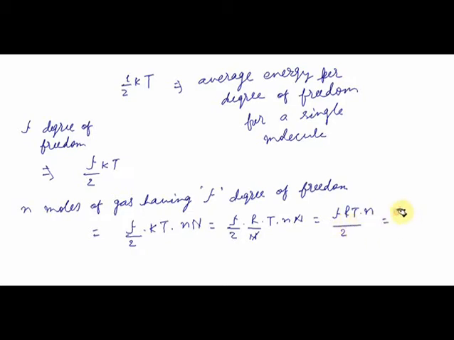Now we have already seen that f is nothing but 2 by gamma minus 1. So replacing f with 2 by gamma minus 1, we are left with nRT by 2. So after cancelling out 2, we get nRT by gamma minus 1. So this is the kinetic energy of n moles of gas having f degrees of freedom.